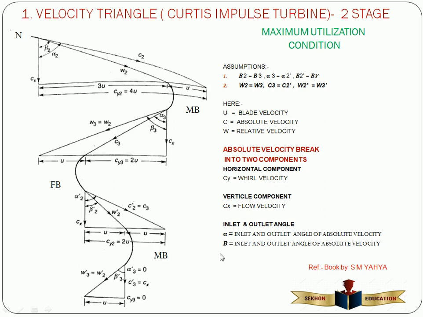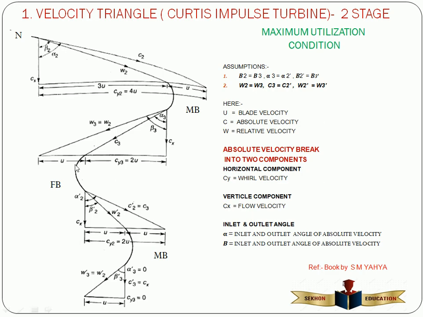If we have 3 stages, we mention C2 dash, then C2 double dash, and with 4 stages, C2 triple dash. Similarly C3, then C3 dash. The number of dashes can increase. It is a simple way rather than using different alphabets for each diagram, which may be a little confusing. Marking with dashes is more convenient.